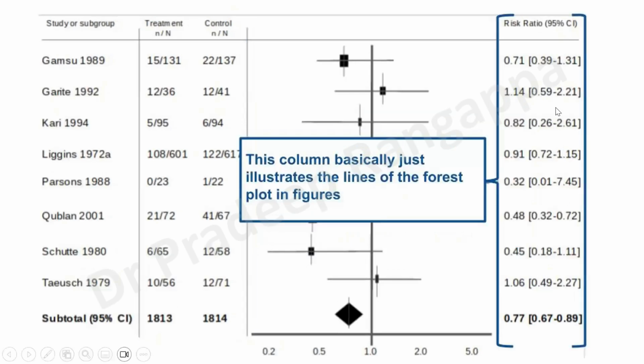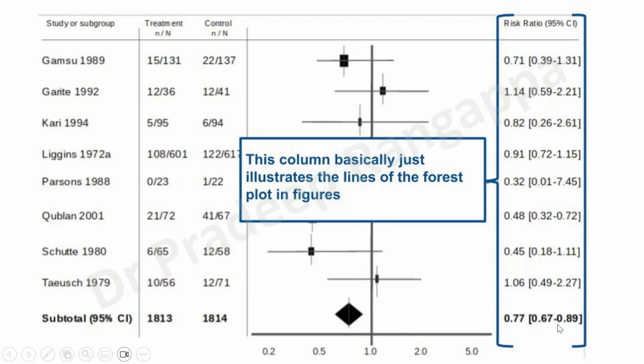And this represents your individual studies, relative risk, odds ratio, hazard ratio, individually are represented here, as you would see. And if you see here very clearly, every line that has crossed the line of null effect is not statistically significant. As you see, all these are not, but the diamond, if you see, is beyond that line.